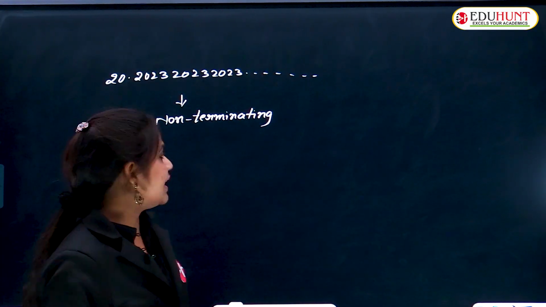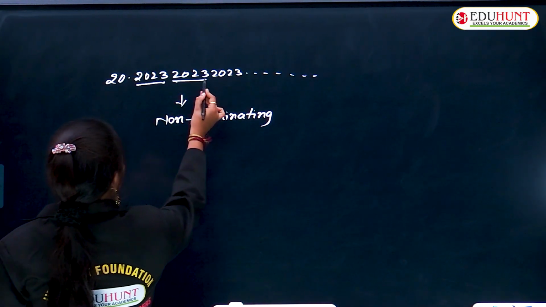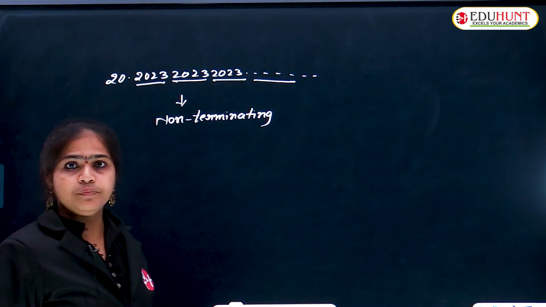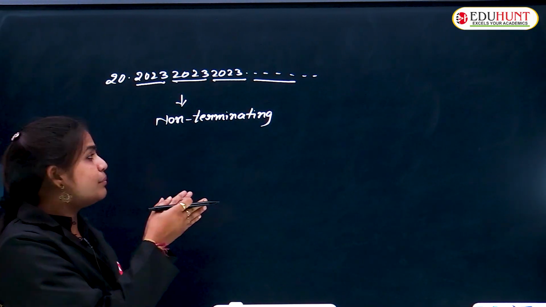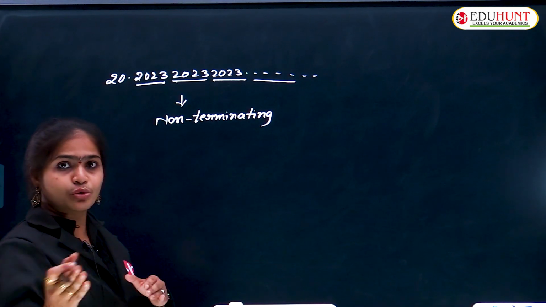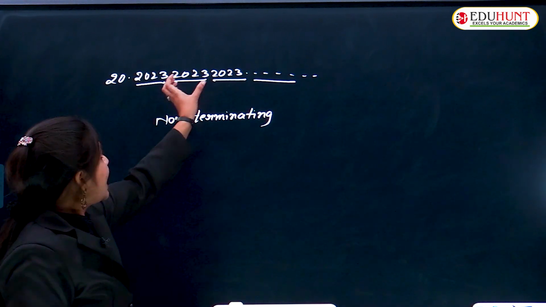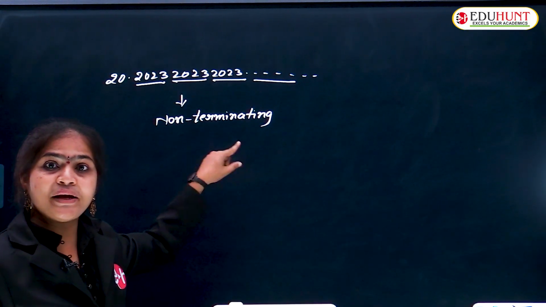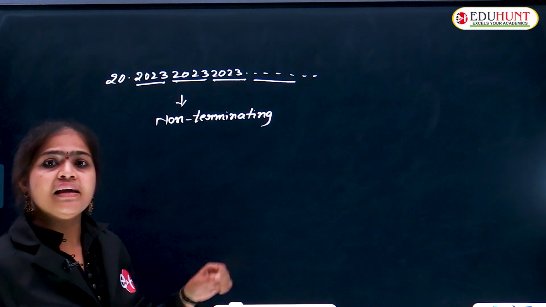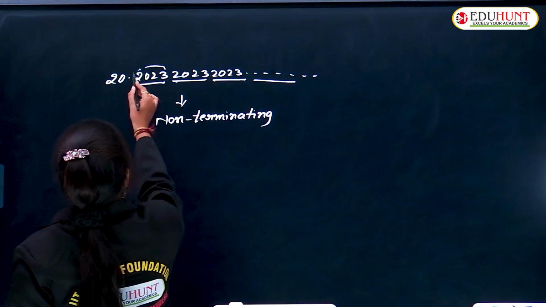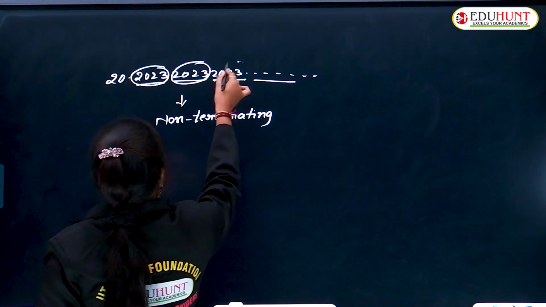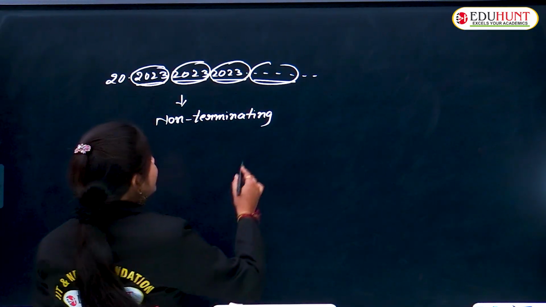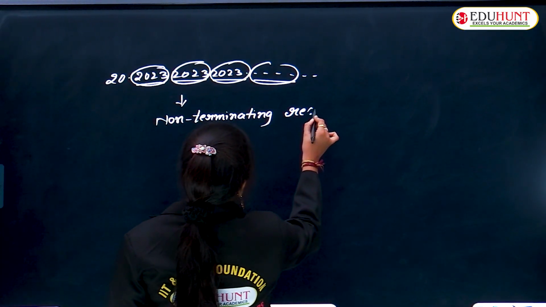See, 2023, 2023, 2023 is in continuation, yes or no? The same pattern is in repetition. That's why we call this a repeating decimal, because the same period is in repetition. That's why it is a non-terminating recurring decimal.